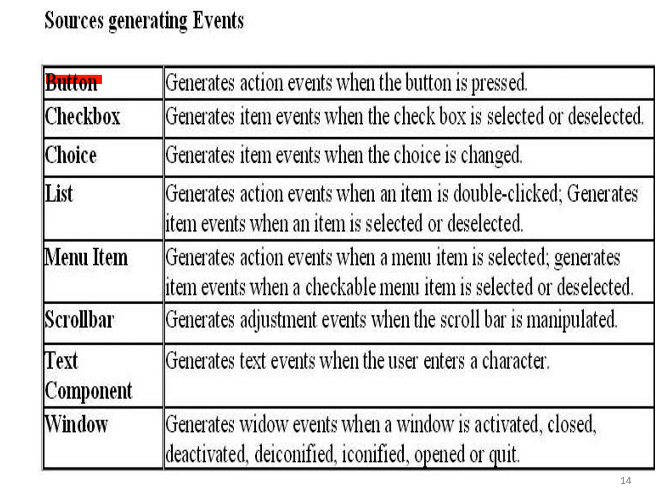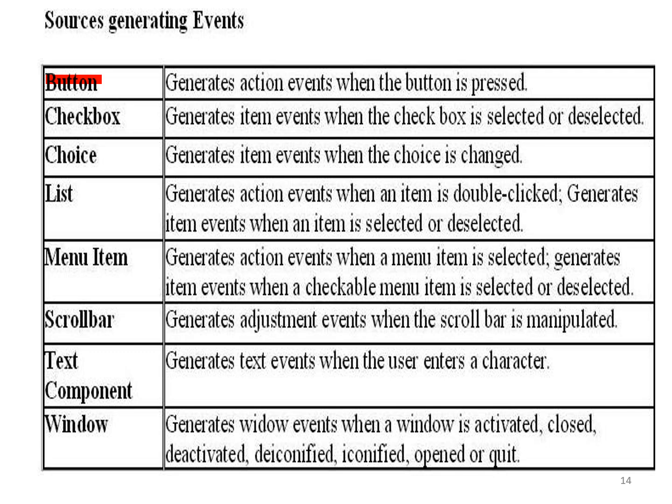List generates action events when an item is double clicked, and generates item events when an item is selected or deselected. Menu item generates action events when a menu item is selected, and generates item events when a checkbox menu item is selected or deselected.